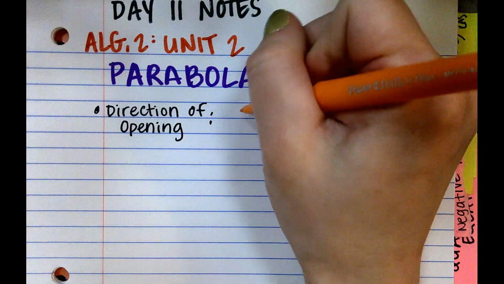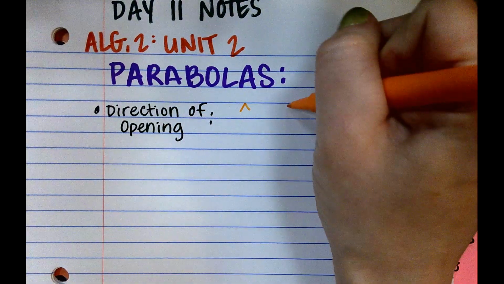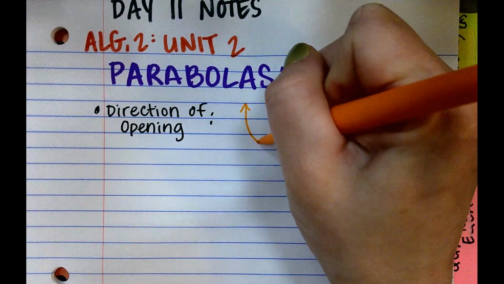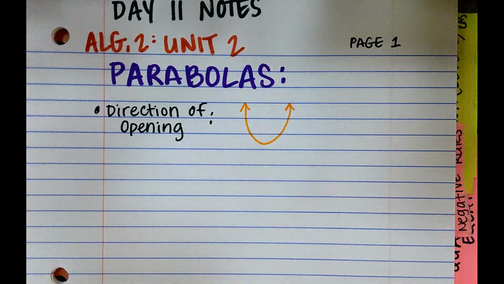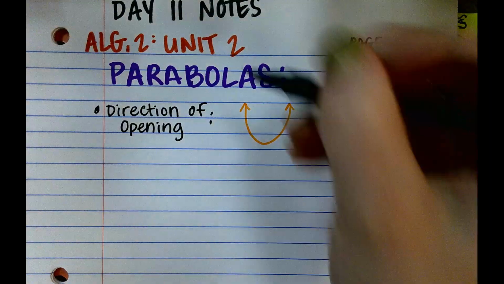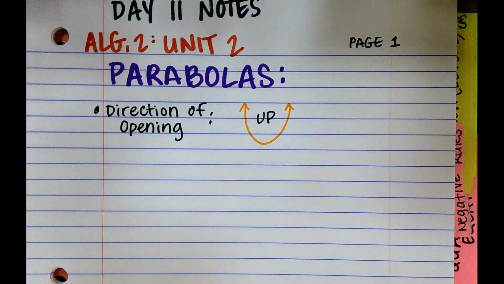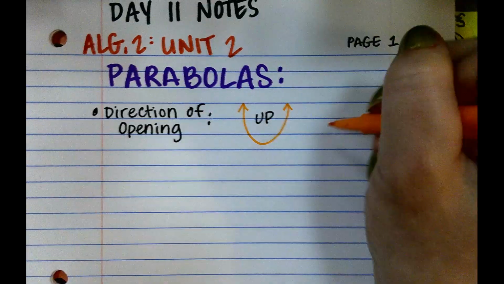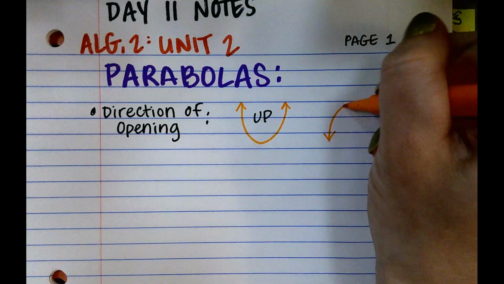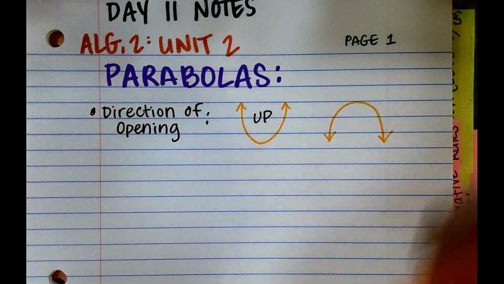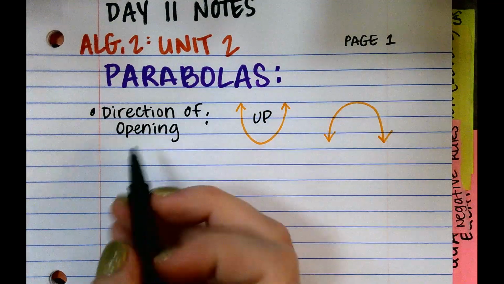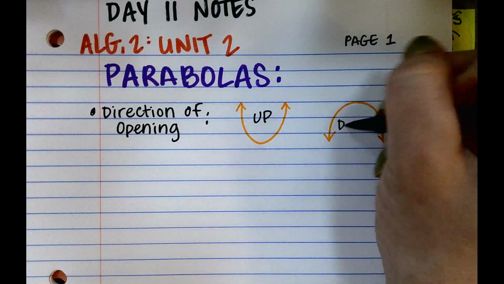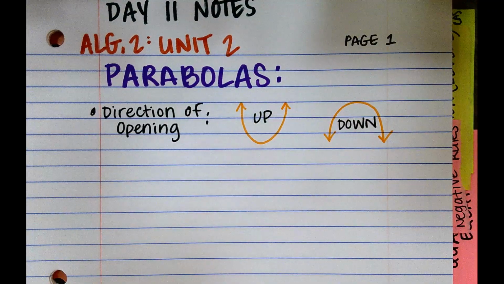If our parabola looks like a smiley face where the arrows point up, our direction of opening is up. If our parabola is making a frowny face and the arrows point down, the direction of opening is down. It's as simple as that. It doesn't get more complicated for the opening direction. You just have to know if it goes up or down.